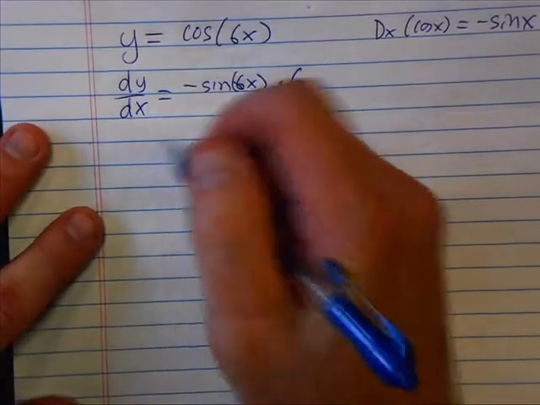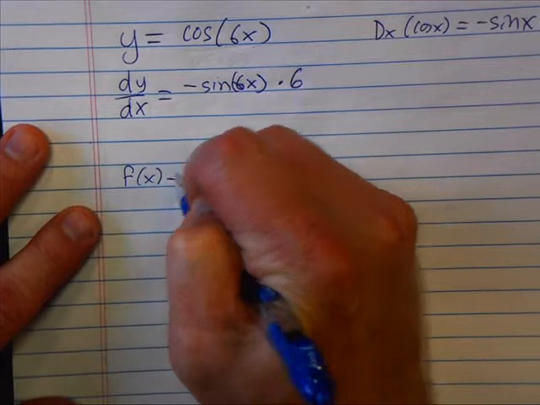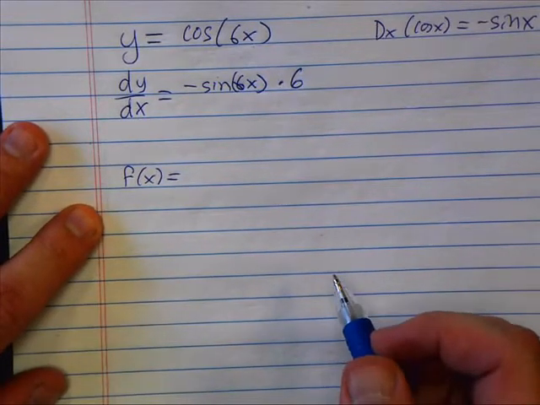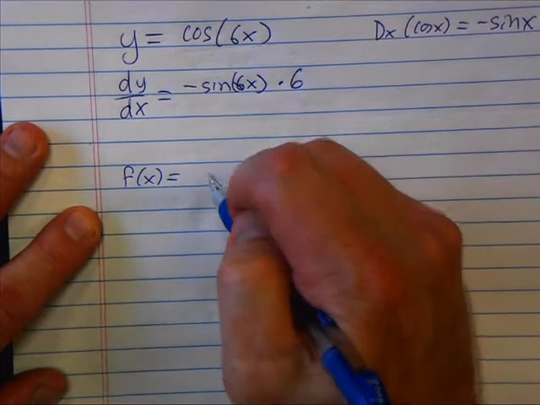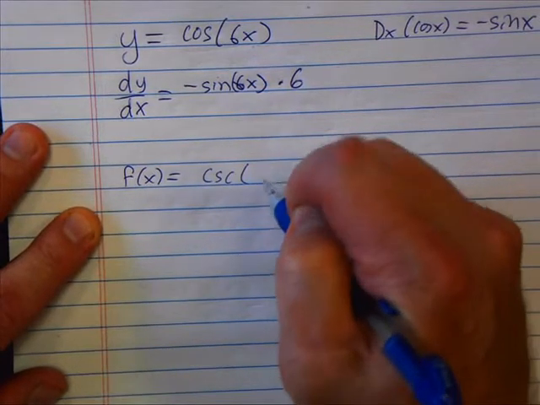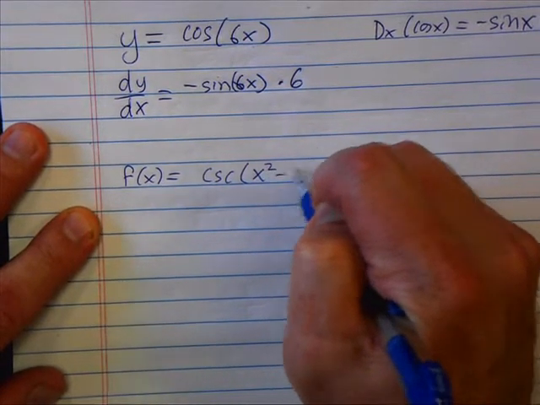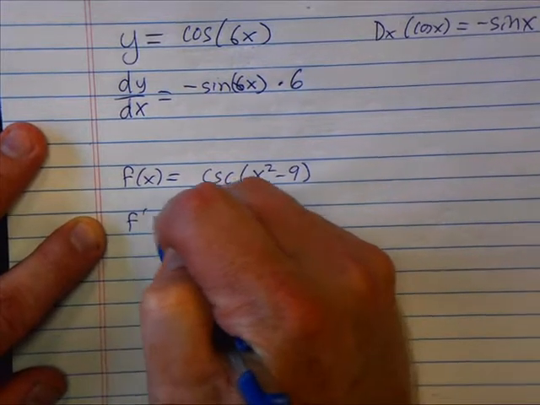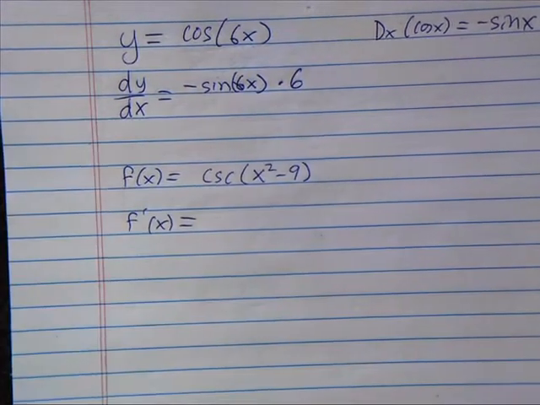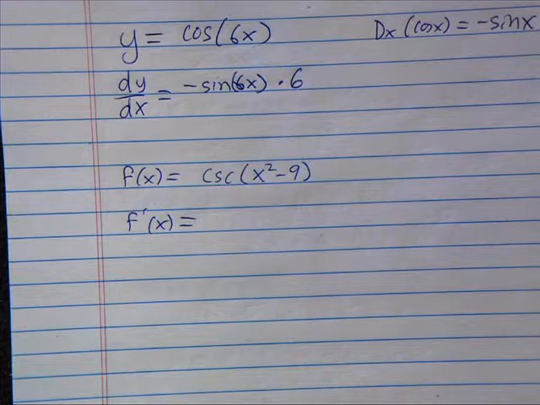All right, so how about f of x is, let's see how good you guys have been memorizing your formulas, cosecant of x squared minus 9. Who remembers the derivative of cosecant? Besides me. And did you remember it, or did you flip back and look it up? All right. You need to memorize this.